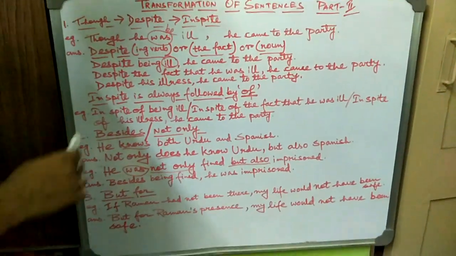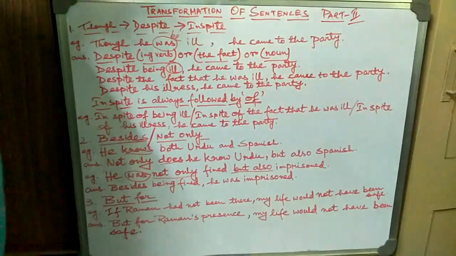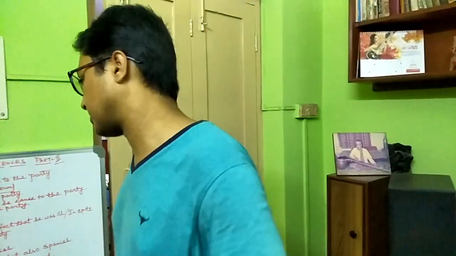Next, besides and not only. Now this is a very important thing. Please listen carefully and do not skip any portion of the video, because students make mistakes whenever they use besides and not only. First of all, we will learn how to use not only in a sentence.